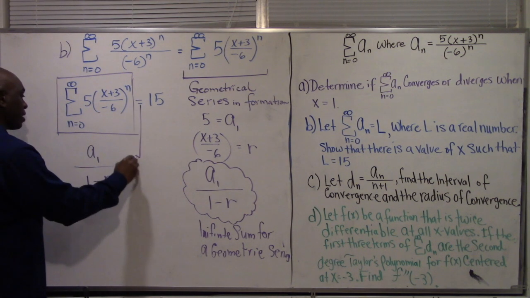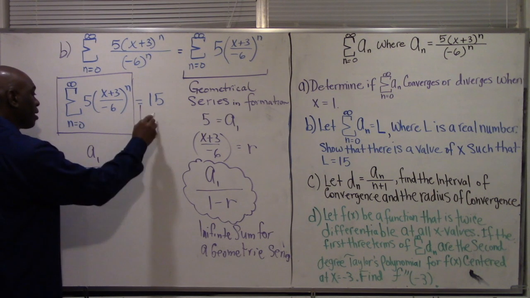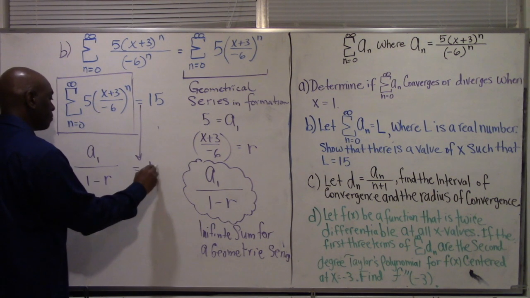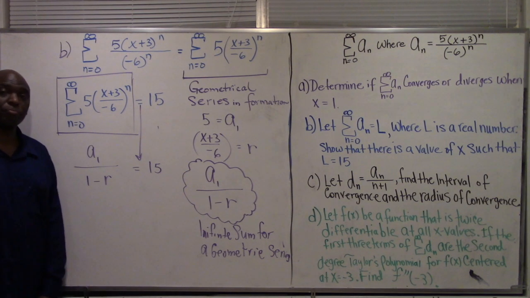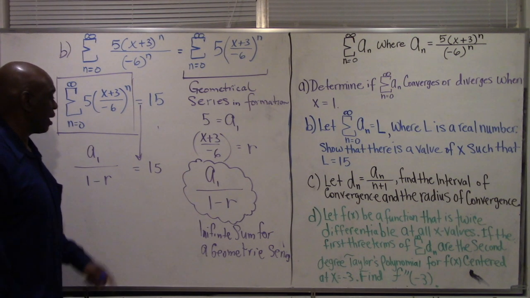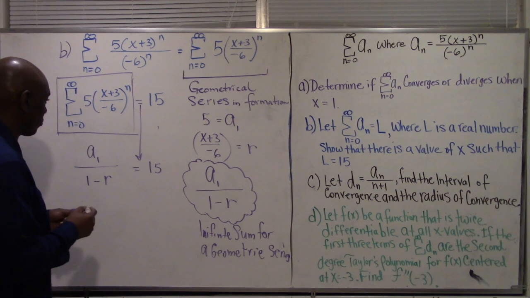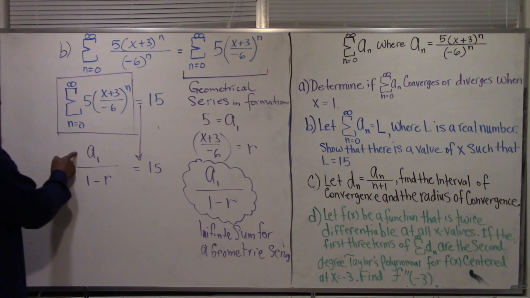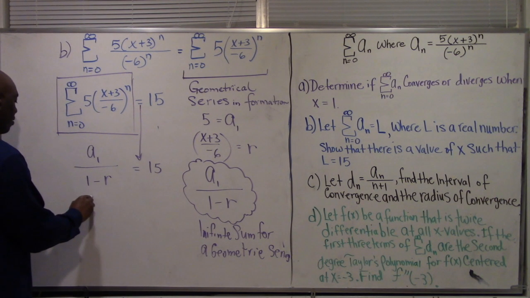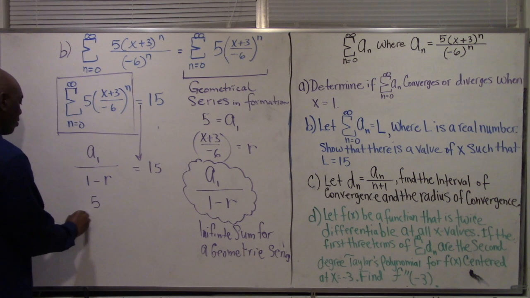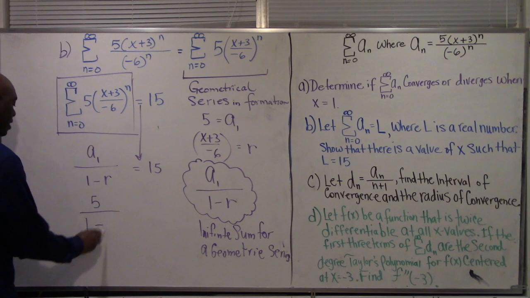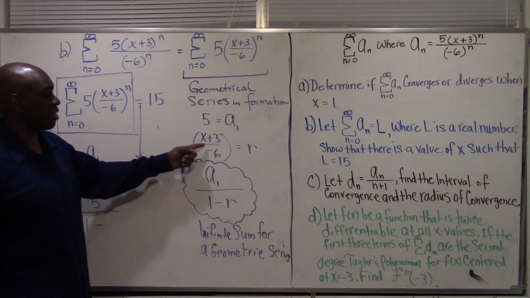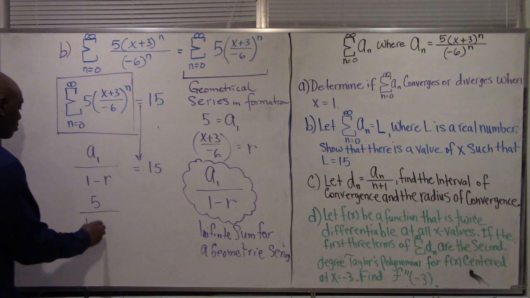Bring down the equal sign and bring down the 15. So this has to equal 15. Let's put the numbers in. We know that a_1 is 5, over 1 minus, or what is r? r is (x+3) divided by negative 6.